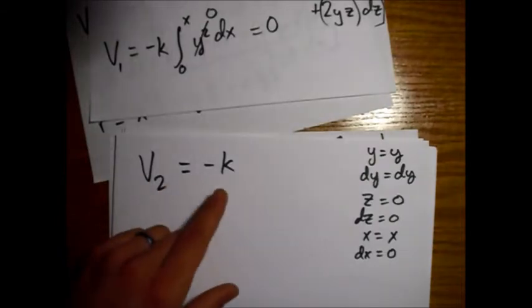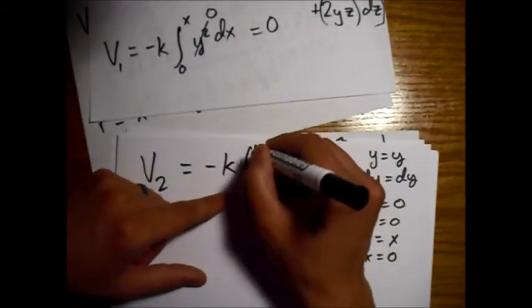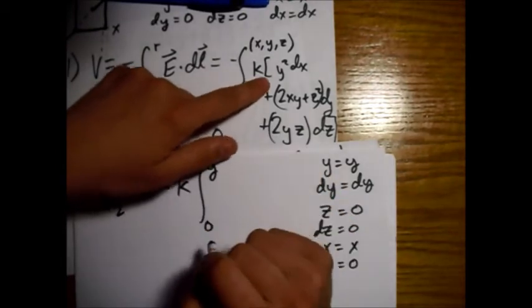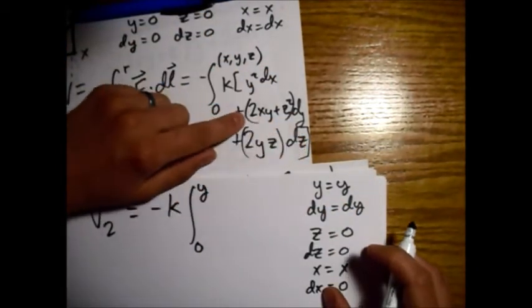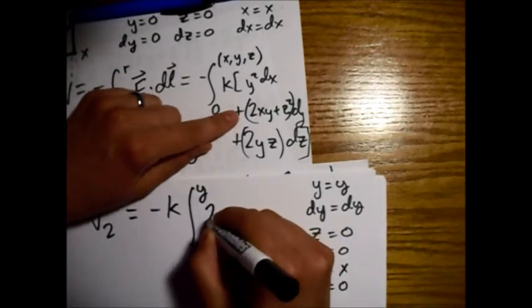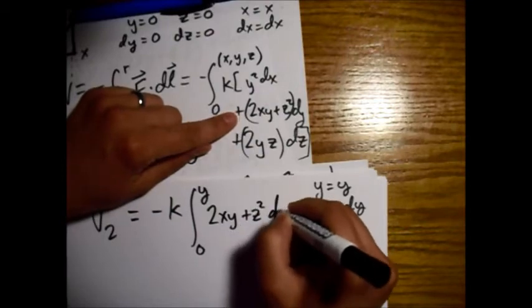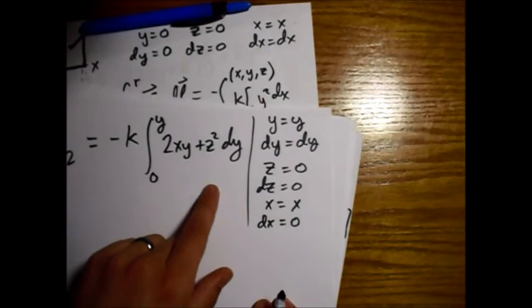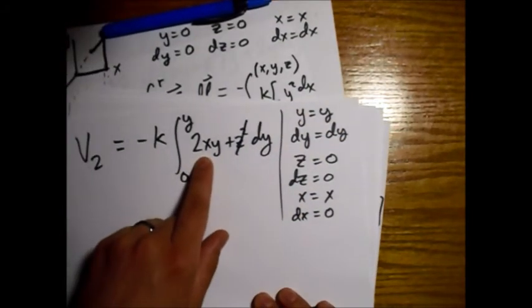All right, so we're going to go ahead and do this integral from 0 to y this time. And what terms do we have? Well, dx is going to go to 0, and dz is going to go to 0. We're just looking at this one. So we have 2xy plus z squared dy. But z, we know, is 0. So now we just have this little piece right here.